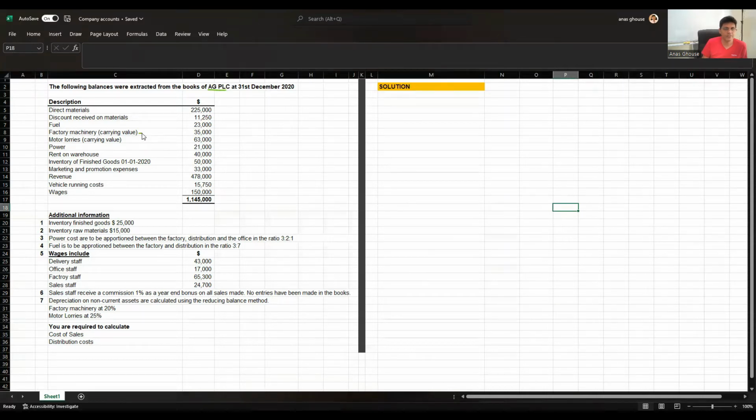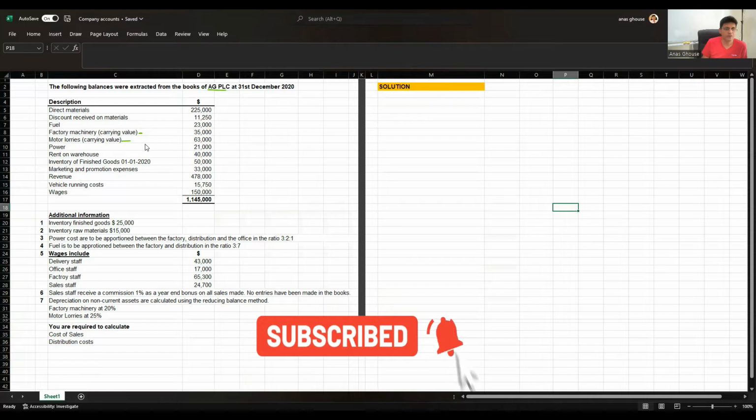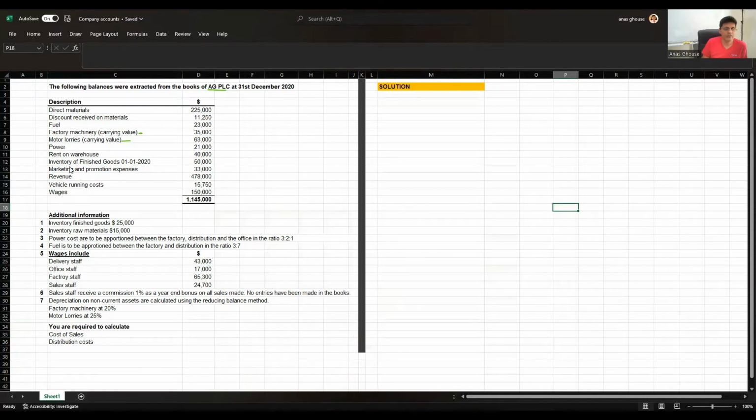This is the cost minus the accumulated depreciation. Then the motor lorry carrying value is also given. The power, rent on warehouse, inventory of finished goods on 1st January 2020, marketing and promotion expenses, the revenue, vehicle running cost, and wages. So you are given all these items.